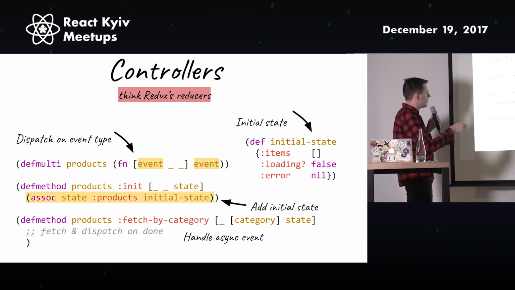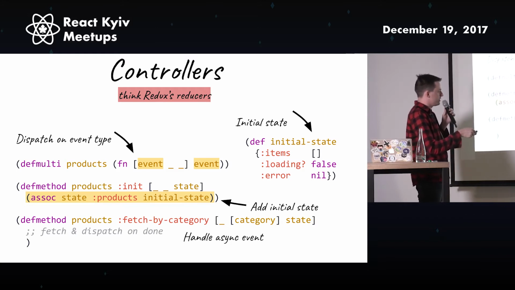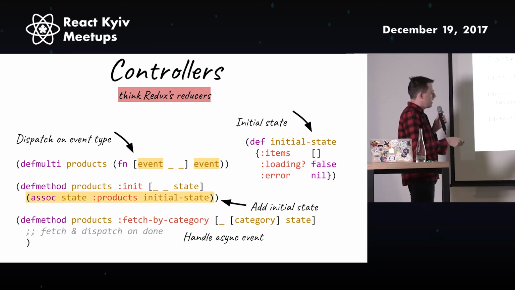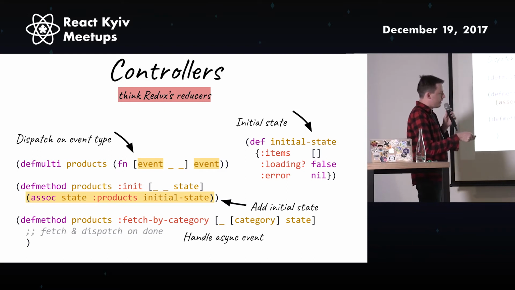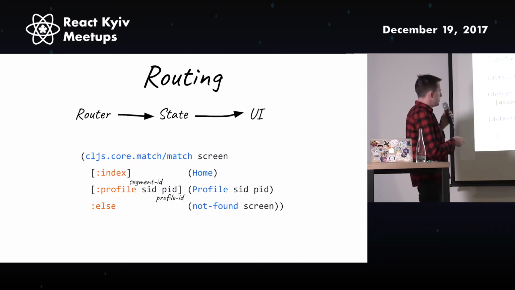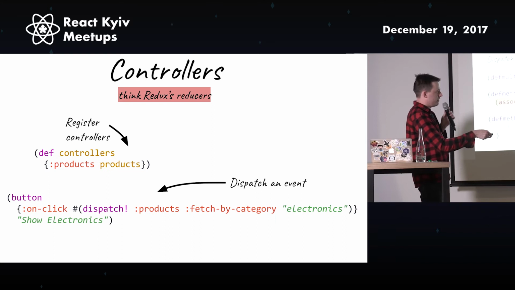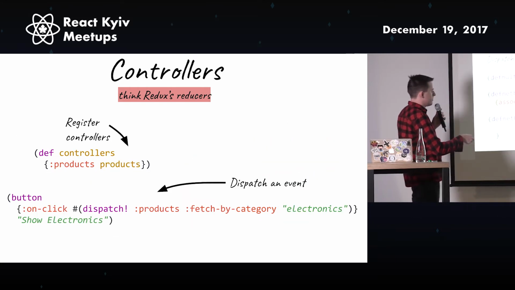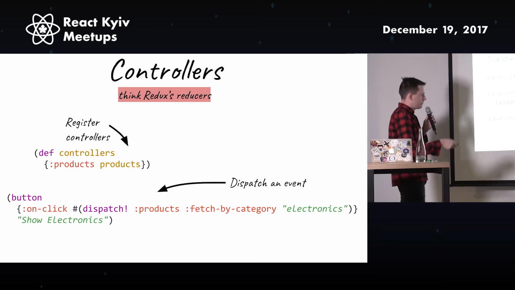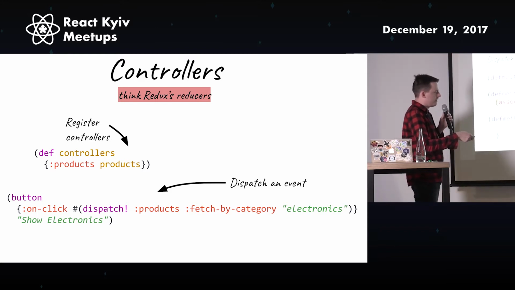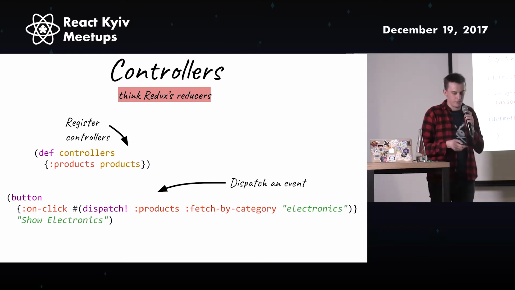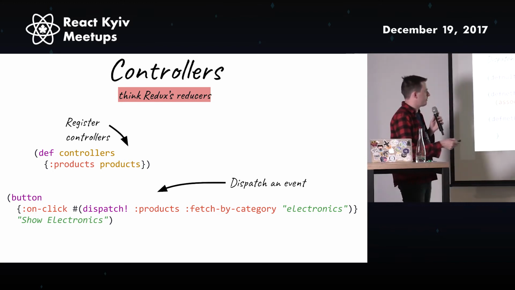So here is the controller, and it defines an init event, which associates an initial state into the global state, and then you have a fetch by category event, which receives the name of the category, and for example fetches all the products by that category and dispatches a done event. It's a little bit different from Redux, but maybe more like Flux.